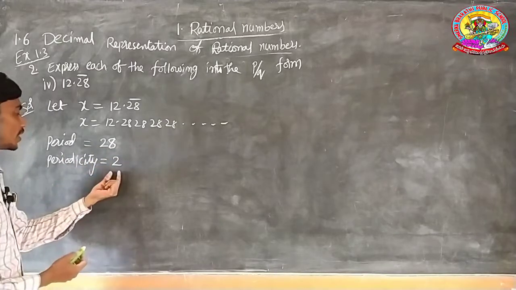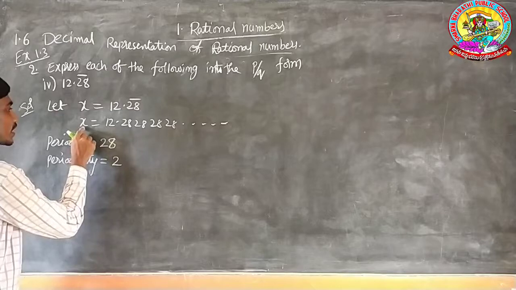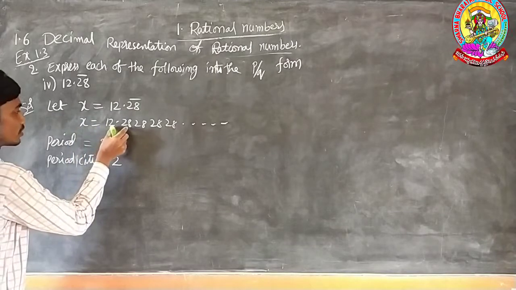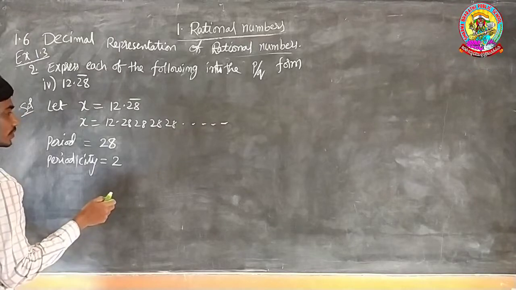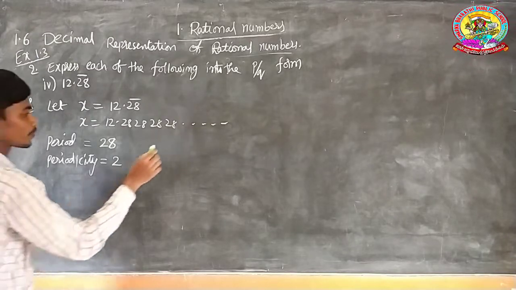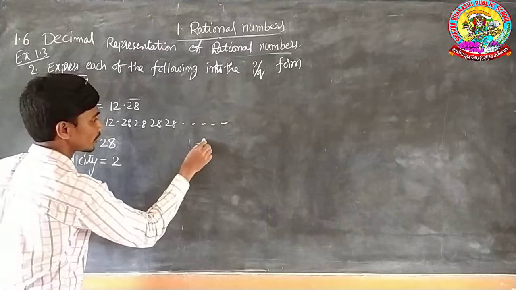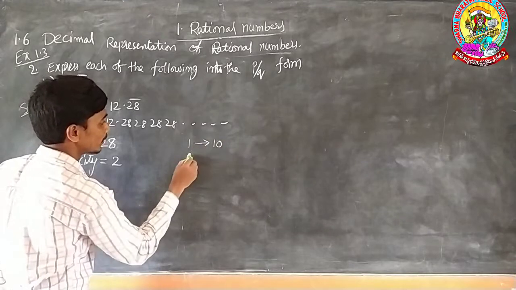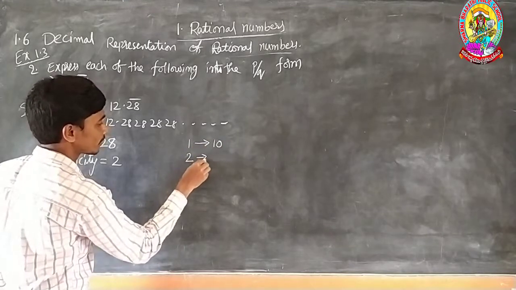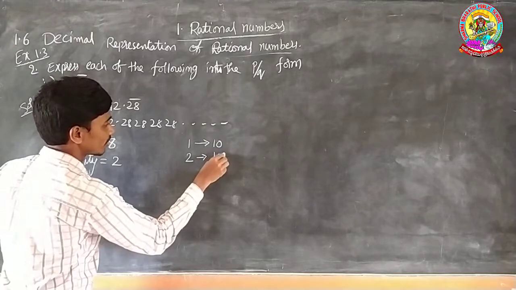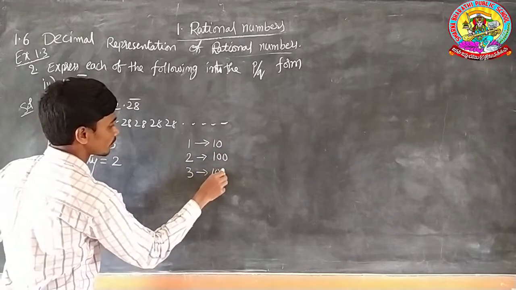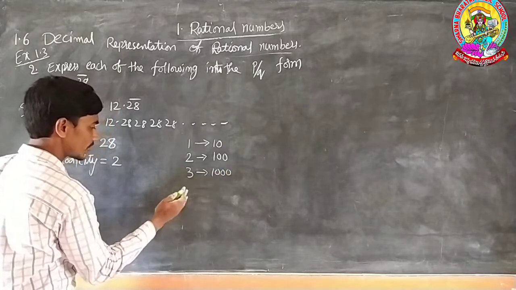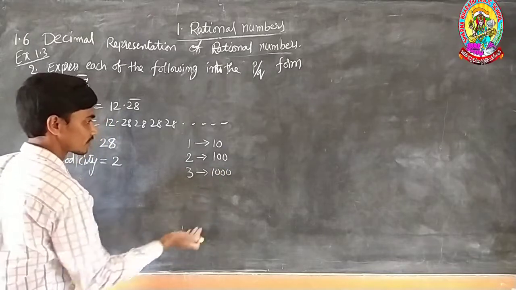Based on the periodicity you should multiply both sides of the number with a suitable number. Periodicity 1 means multiply both sides with 10. Periodicity 2 means multiply both sides with 100. Periodicity 3 means multiply with 1000. Periodicity 4 means 10,000. Periodicity 5 means lakh, like this.